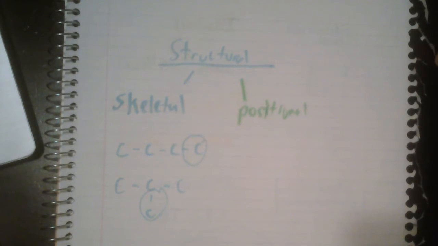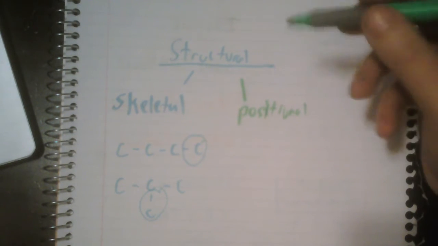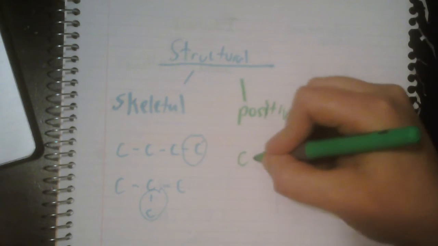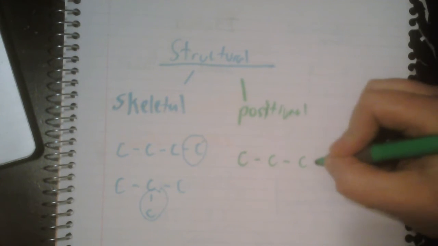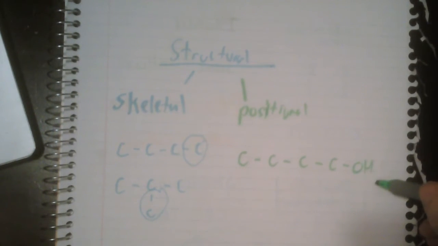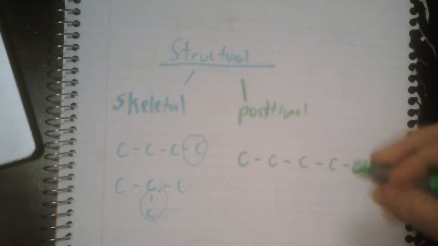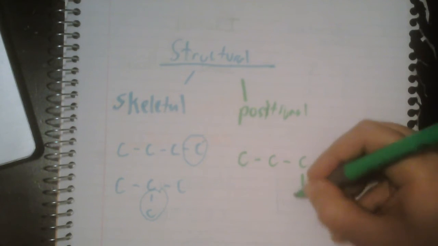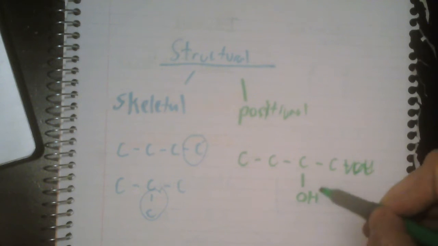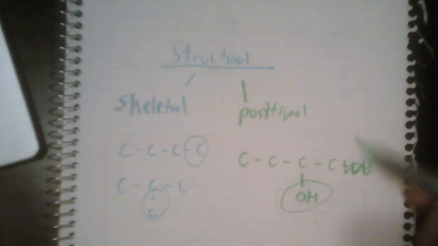I'm going to use alcohol as an example, but basically positional is always moving the functional group, whatever has the highest priority. So let's say we have a C, C, C, C, and we have an OH. If we move this OH over to here, so let's say we get rid of it from there and we move it here, that's a positional change because we basically move the functional group, which is the OH.